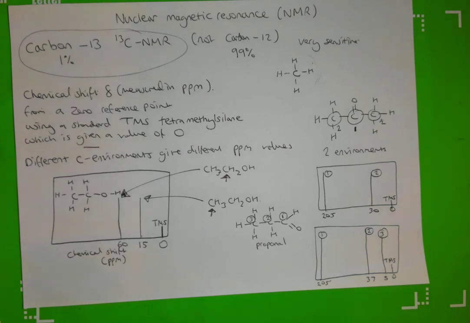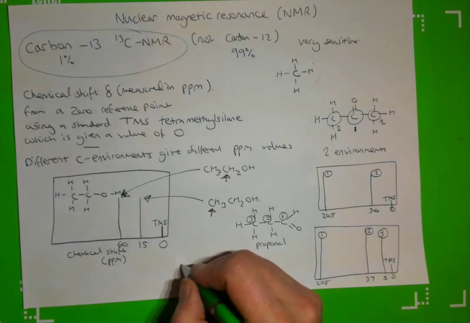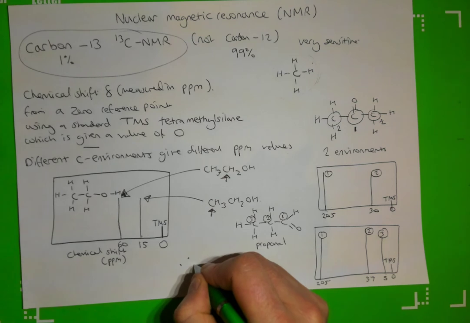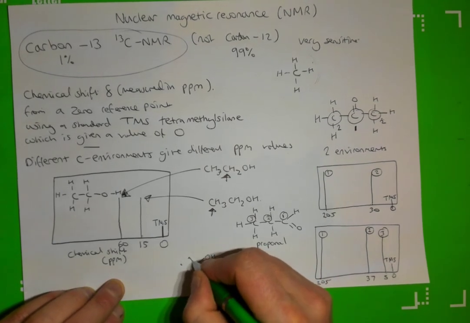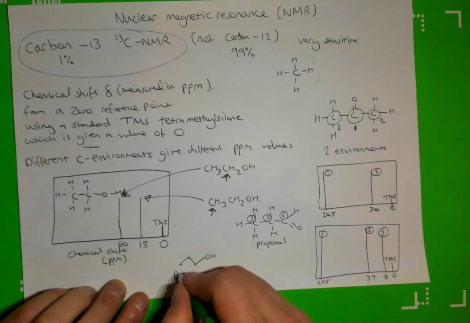Let's have a look at one more structure. So let's look at the 2 position isomers of propan 1-ol and propan 2-ol. So let's try skeletal this time. So that's propan 1-ol.